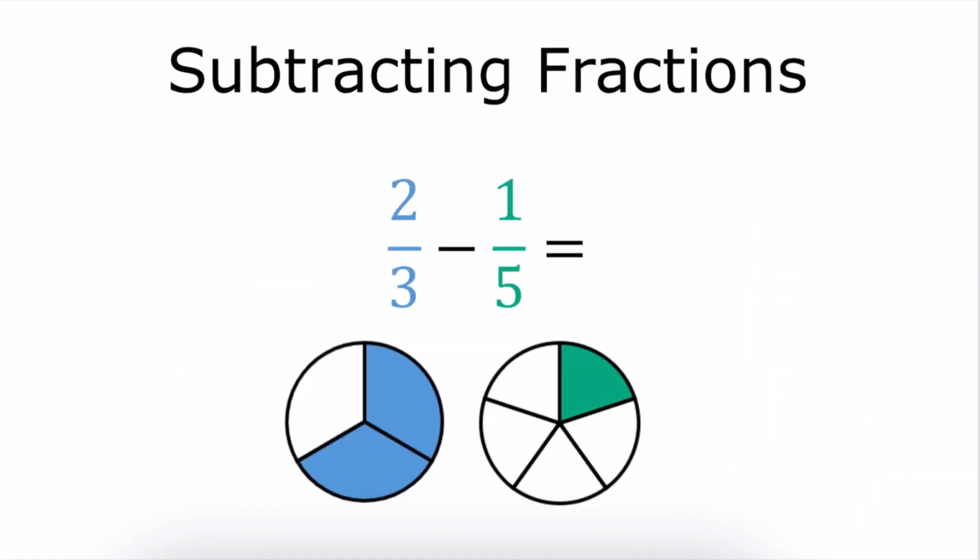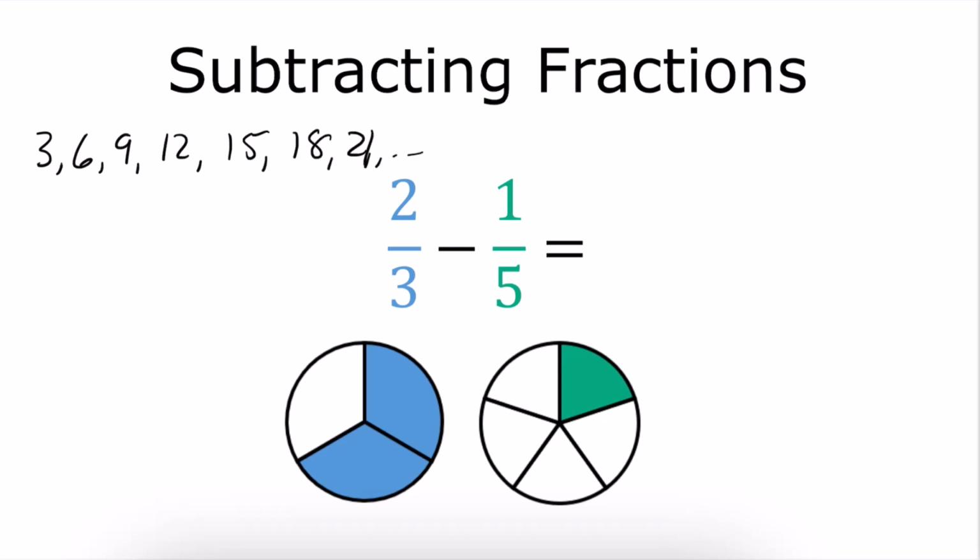So I want to do one last example with subtracting fractions. So the process is very similar. The only difference is you're subtracting, and I want to show you how to show that subtraction visually. So if I have 2/3 minus 1/5, I'll go ahead and use the least common multiple method. And I'll list the multiples of 3, which are 3, 6, 9, 12, 15, 18, 21, and so on.